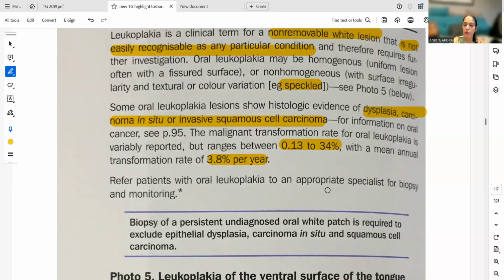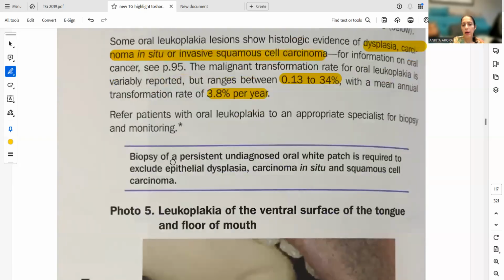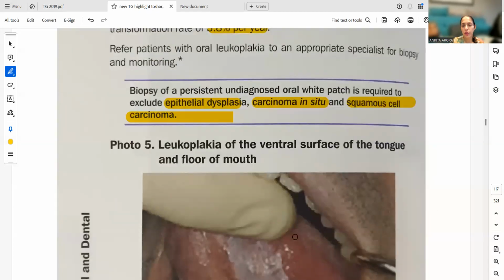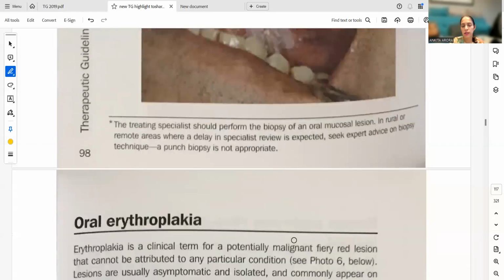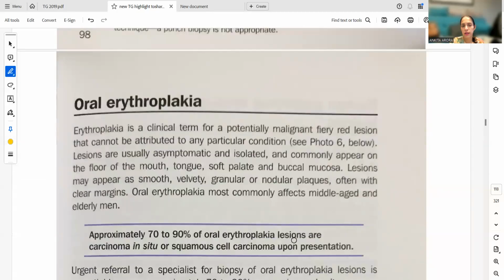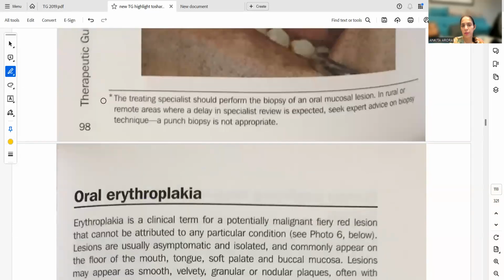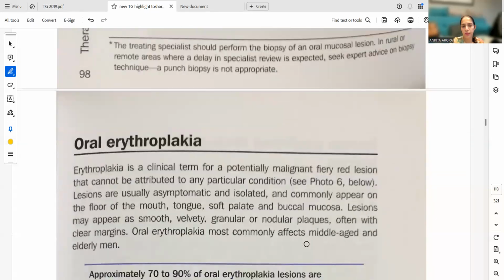Refer patients with oral leukoplakia to appropriate specialists for biopsy and monitoring. Biopsy of a persistent, undiagnosed oral white patch is required to exclude epithelial dysplasia, carcinoma in situ, and squamous cell carcinoma. This is the leukoplakia on the ventral surface of the tongue and floor of the mouth. Everywhere, they would have written the same line about the biopsy.